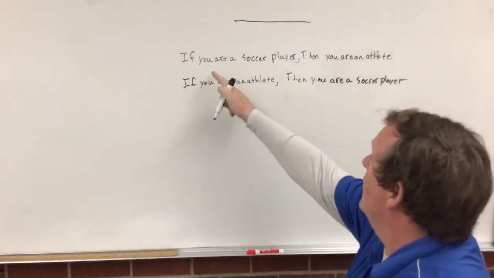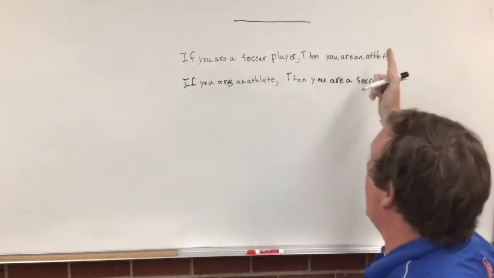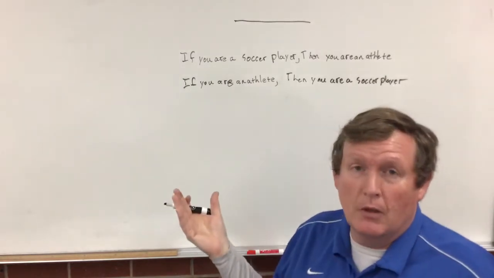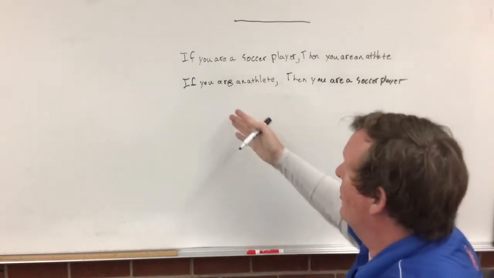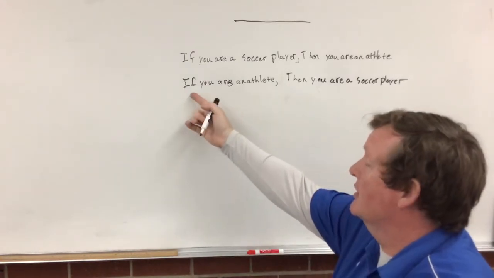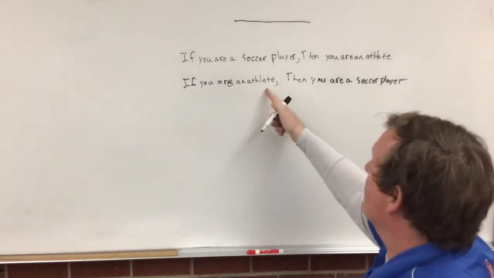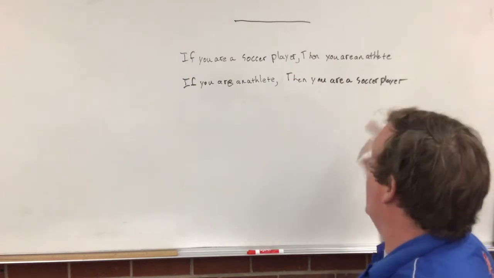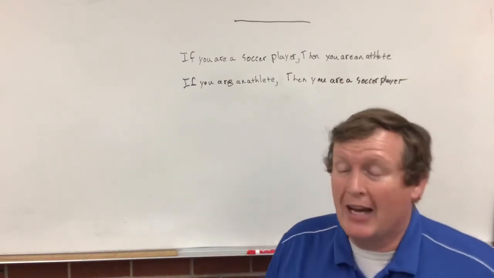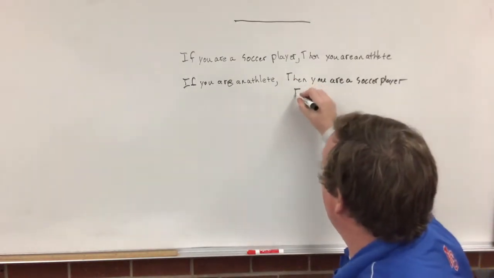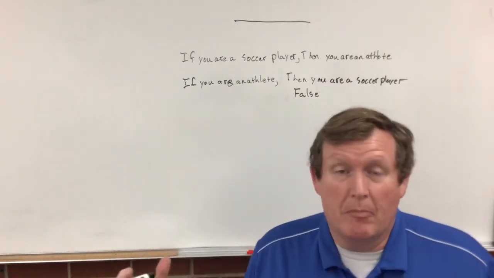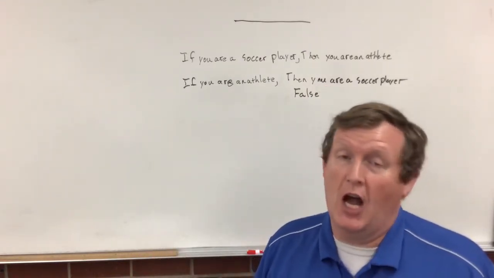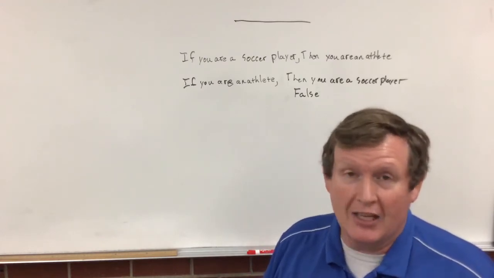It started off, if you are a soccer player, then you are an athlete. And that's true. All soccer players are assumably an athlete. But when we look at the Converse statement, it says, if you are an athlete, then you are a soccer player. That one actually is false. Because there are athletes that are a part of a whole bunch of different other sports than soccer.